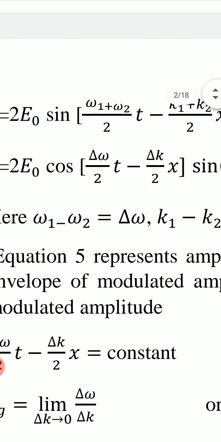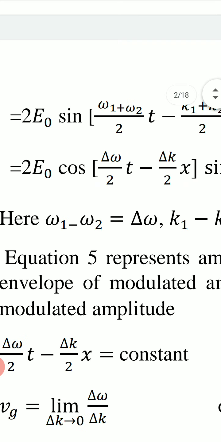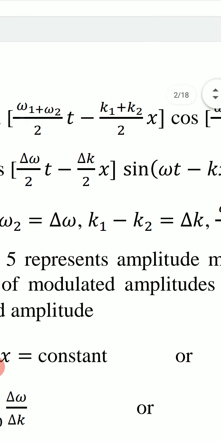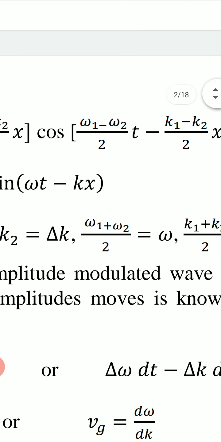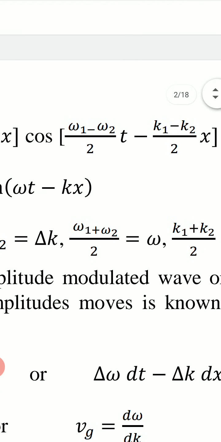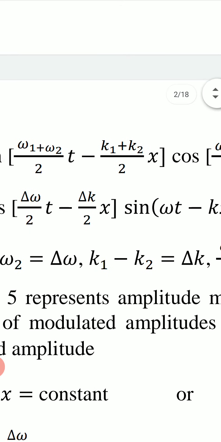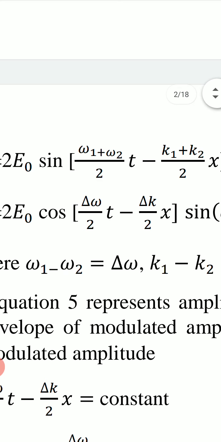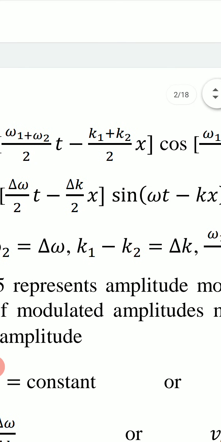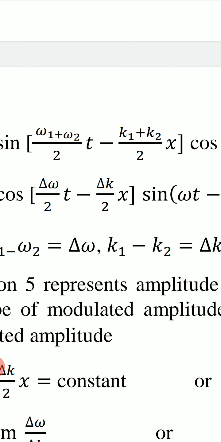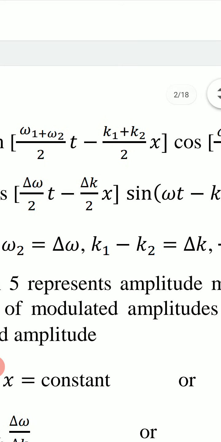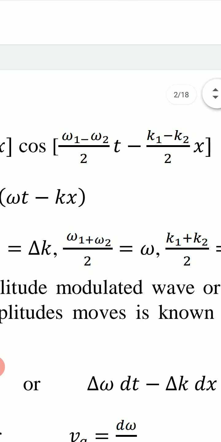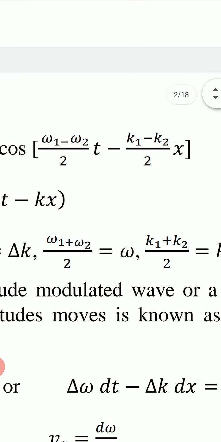In the next step, we write 2E0 and then write this term of cos before the term of sine. So we write 2E0 cos(delta omega t/2 minus delta k x/2). Here we write delta omega as omega 1 minus omega 2.